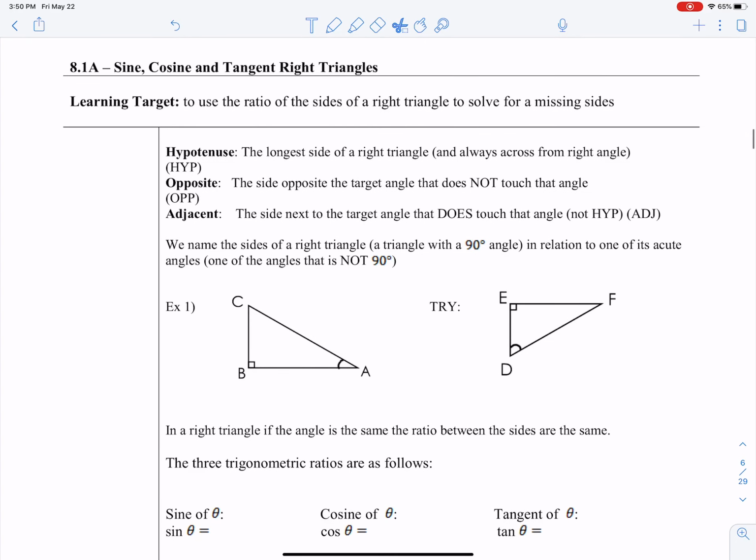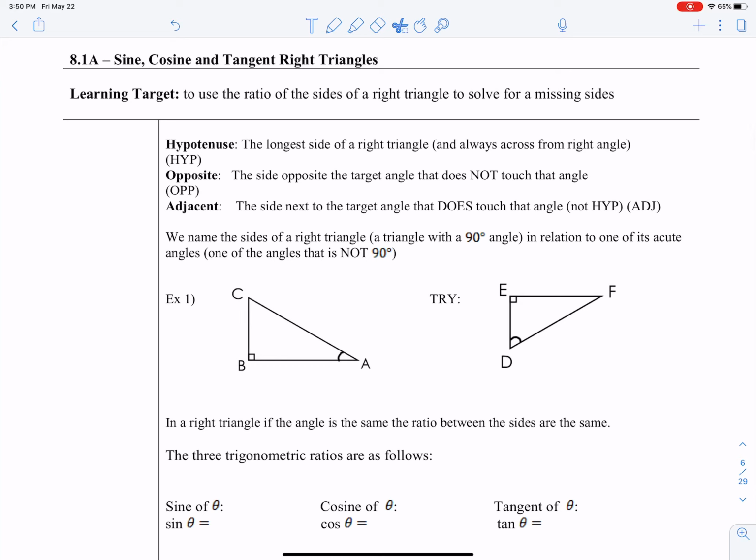In this section, we're going to be learning about trigonometry, particularly the sine, cosine, and tangent rules for right triangles. The first thing we need is to be able to label our triangle properly. In all of these cases, we're always talking about right triangles.